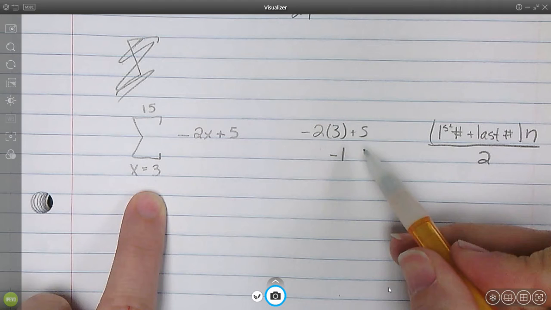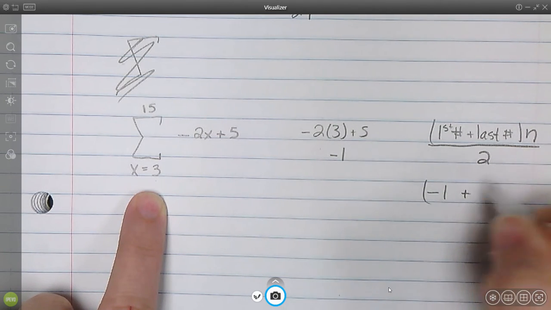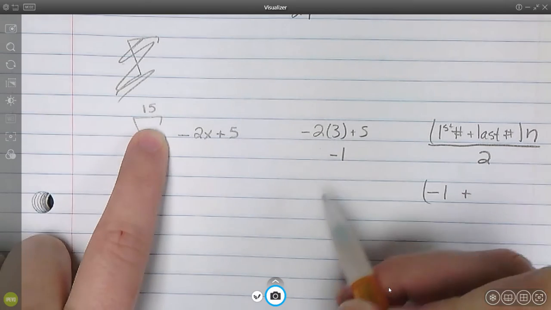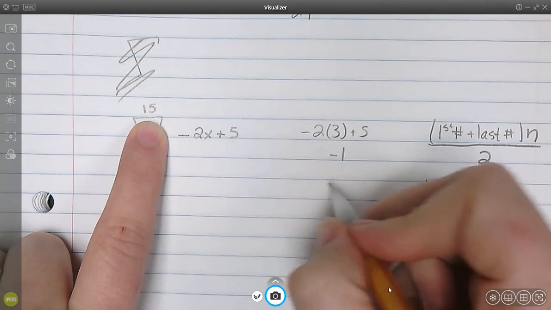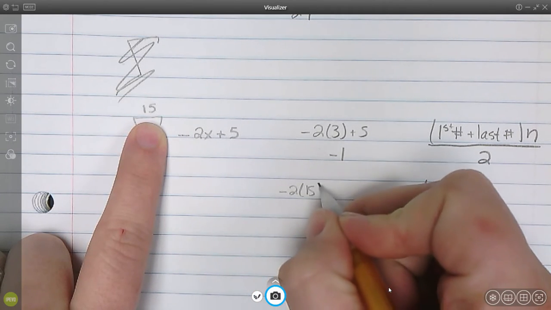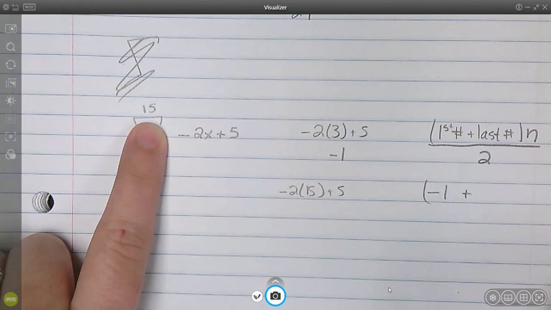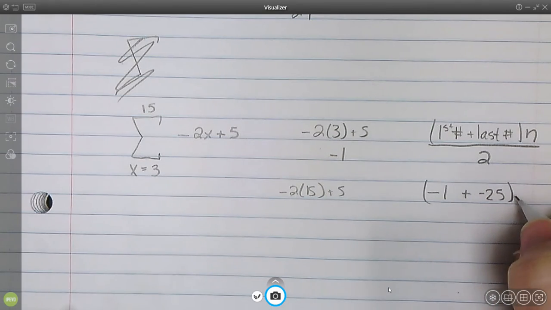We just figured out my first number is negative 1. So we have negative 1 plus my last number. I plug 15 in here: negative 2 times 15 plus 5. So negative 30 plus 5 is negative 25, times your number of numbers.